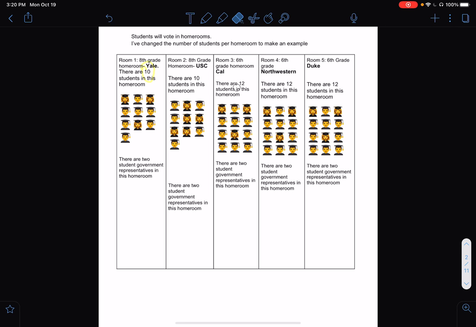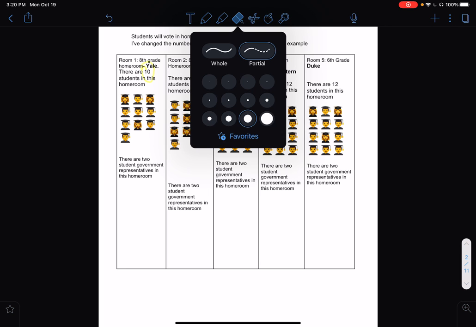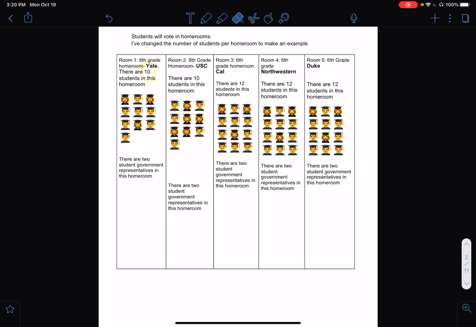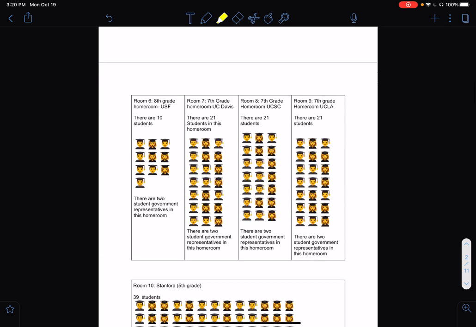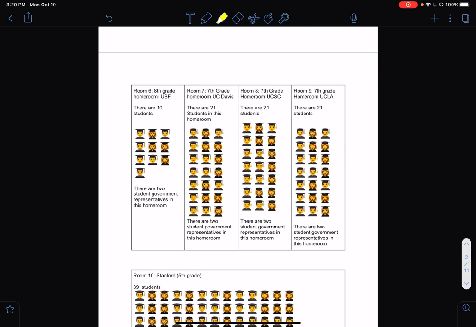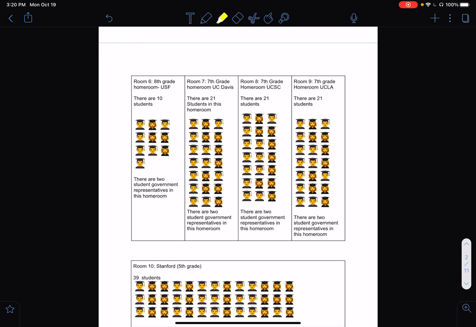Cal has 12, a representation of a state that might have 12 million people. Same thing with Duke and Northwestern. And then here, USF 10 million. UC Davis has 21 students, so that's equivalent to 21 million, kind of like Florida.